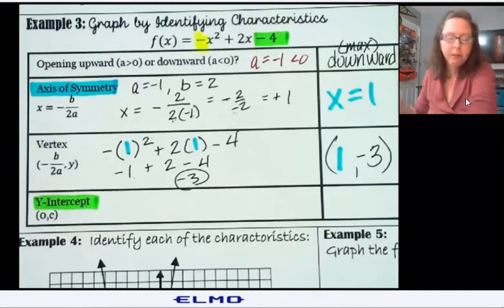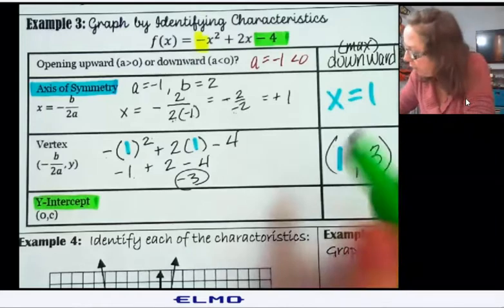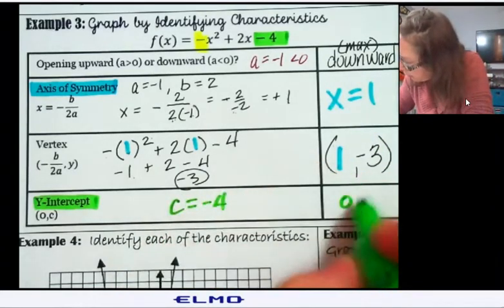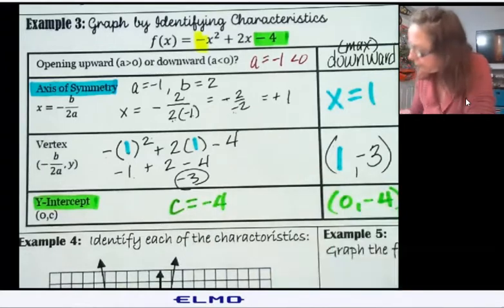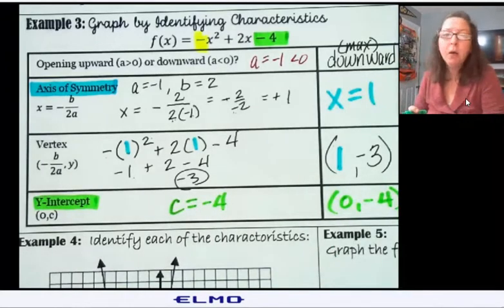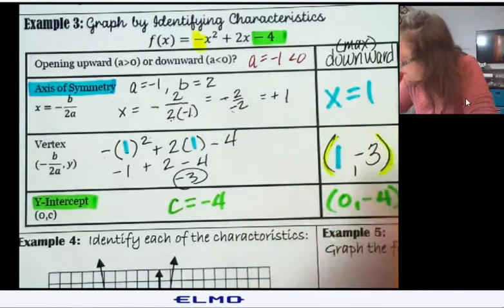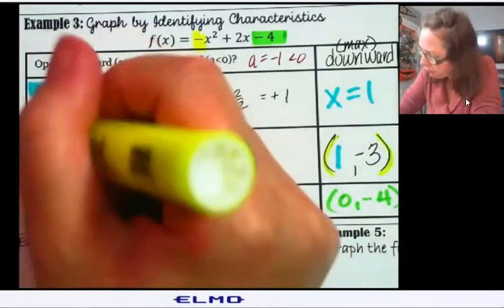So my y-intercept is 0, -4 because c equals -4. Okay, so now we are ready to go ahead and plot all of these points and to graph this based on just the features. Okay, so this is the vertex.